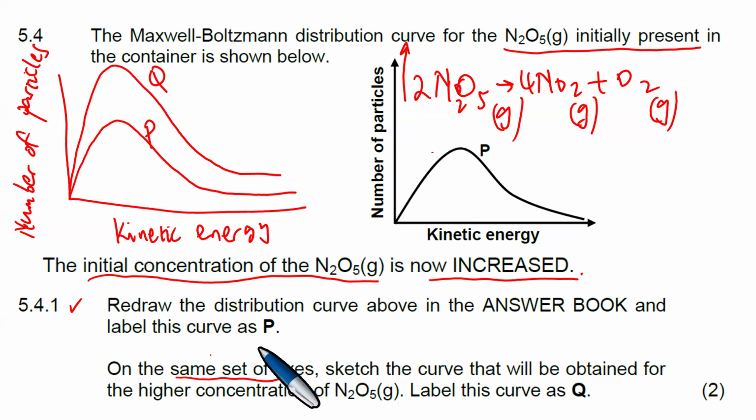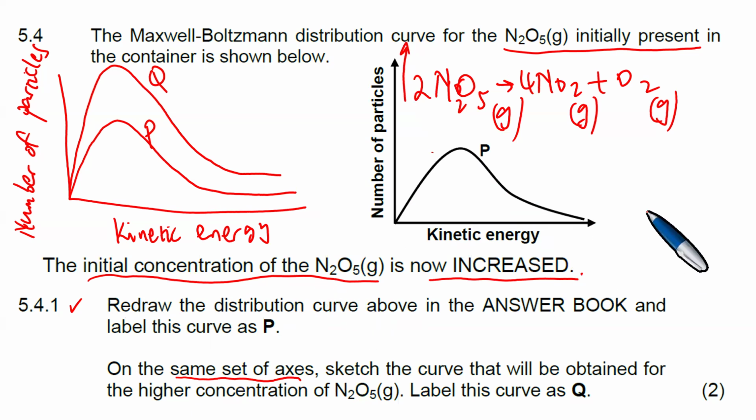The graph is at the top because in the new graph, graph P is the original one. But now, we decide, you know what, we're going to increase the concentration of the N2O5.